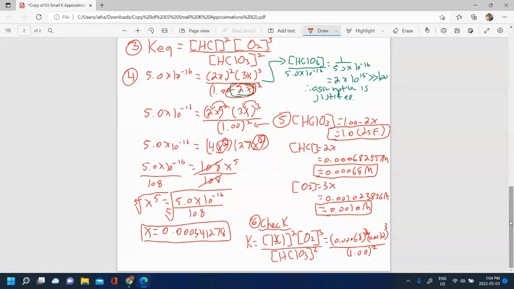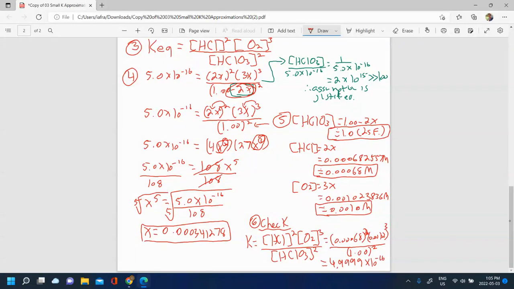So we'll cube the oxygen times 0.068 2557 squared. And I get about 4.9999 times 10 to the power of negative 16.